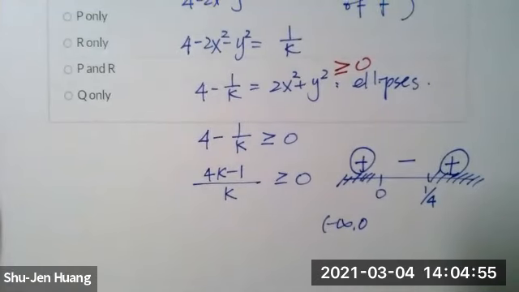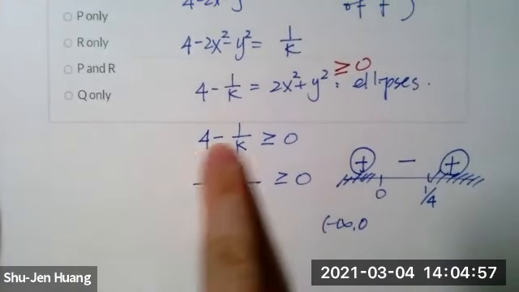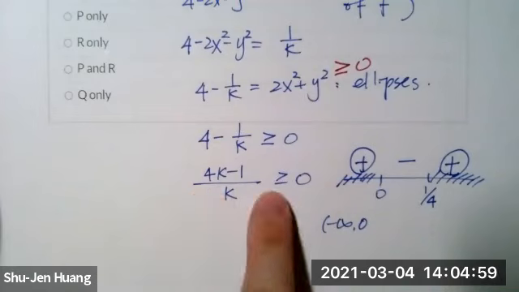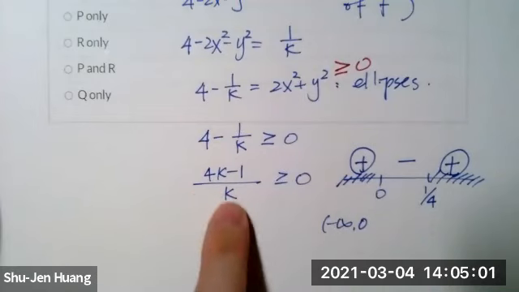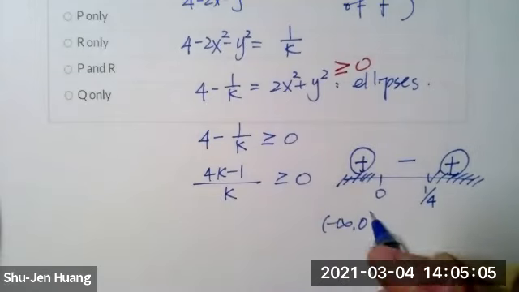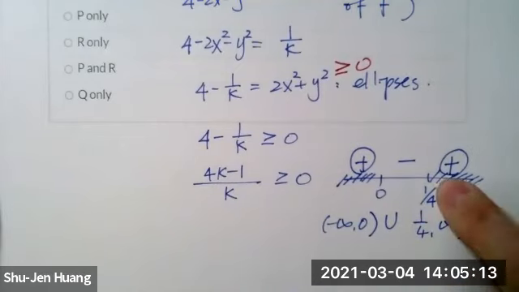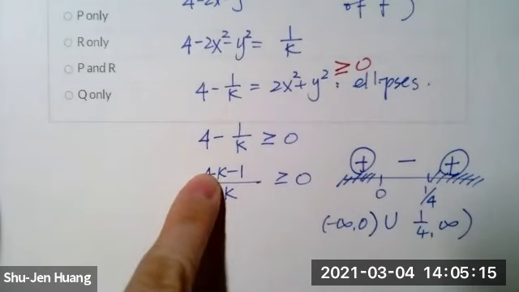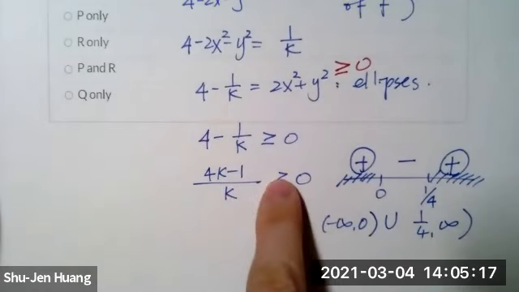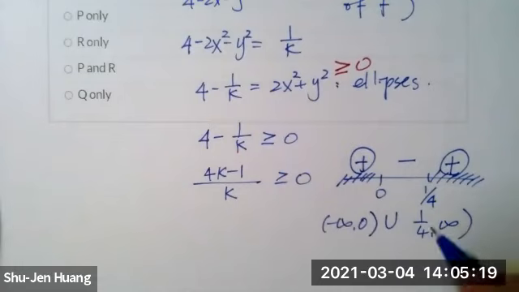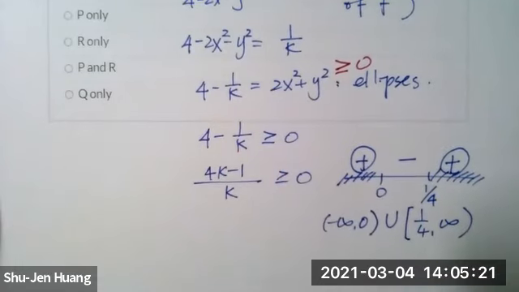Should we include 0 here? We want the inequality greater than or equal to 0, but k is in the denominator, so k cannot be 0. It's an open interval. Then from 1/4 to infinity, should we include 1/4? When k equals 1/4, the fraction equals 0, that's fine. The numerator can be 0, so we include 1/4.